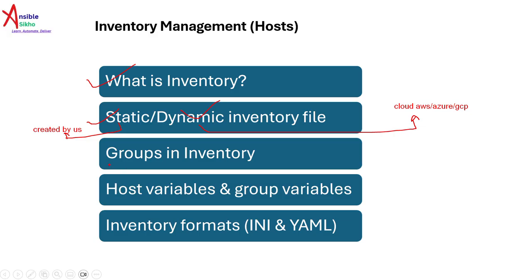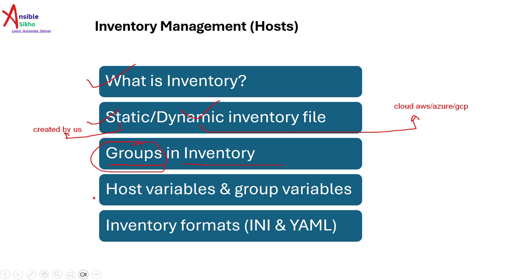We are going to see the groups in inventory. Okay, groups are there, ungrouped host, grouped host. We are going to see how to organize those hosts at a group level.